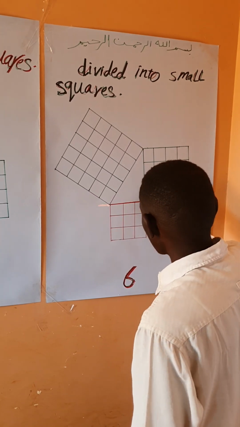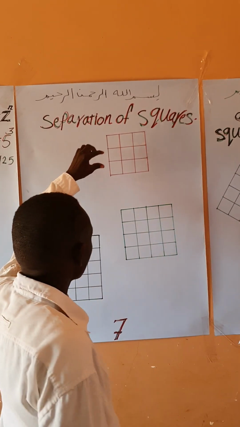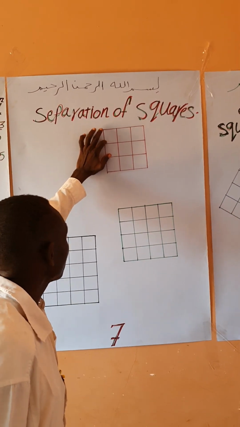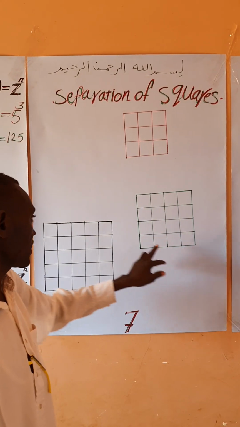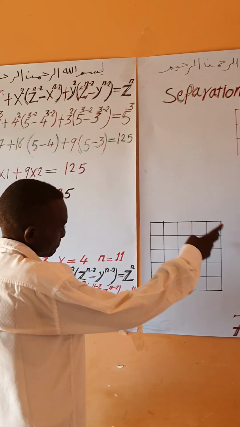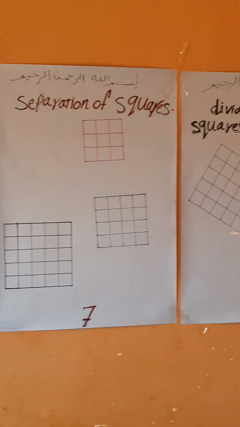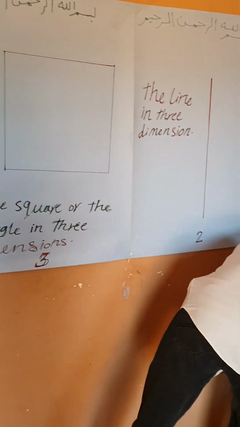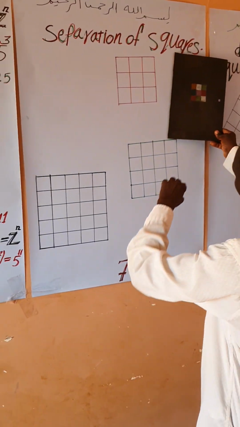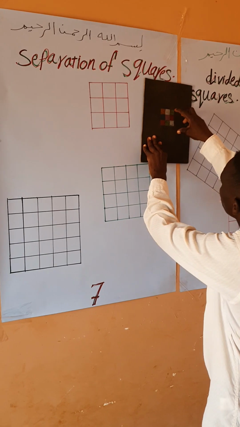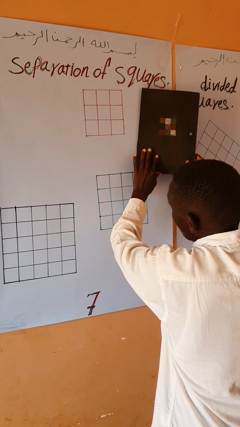After that, we separate into squares: 3 times 3 equals 9, 4 times 4 equals 16, 5 times 5 equals 25. If we make it like this, 3 times 3 equals 9, like this.